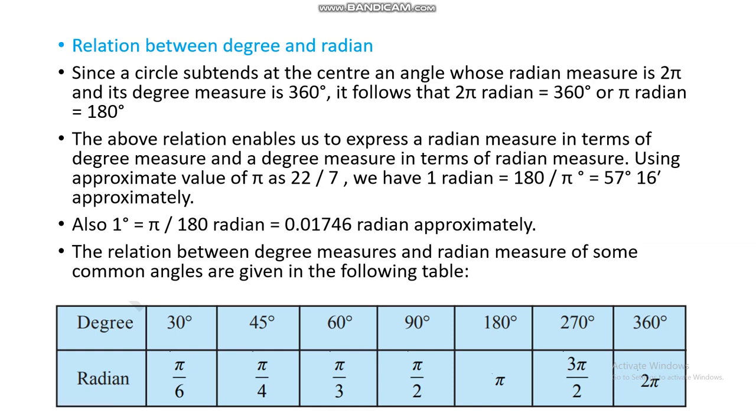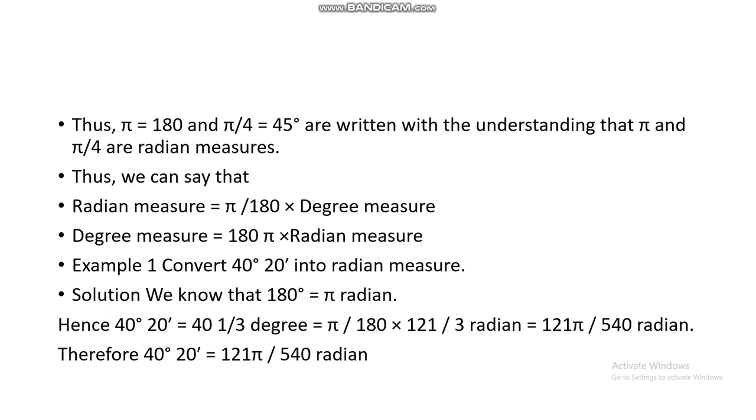The relation between the degree measure and radian measure of common angles is given in the following table. You have to remember this: 30 degrees is equal to pi by 6, 45 degrees equals pi by 4, 60 degrees equals pi by 3, 90 degrees equals pi by 2, 180 degrees equals pi, 270 degrees equals 3 pi by 2, 360 degrees equals 2 pi.